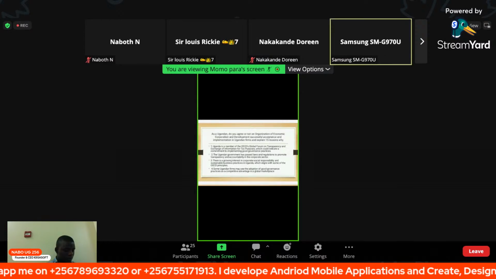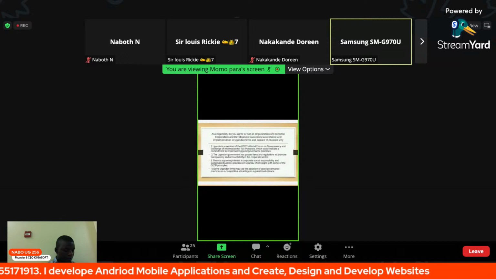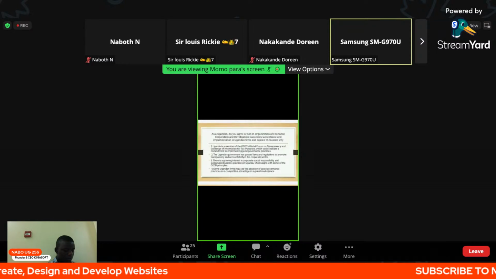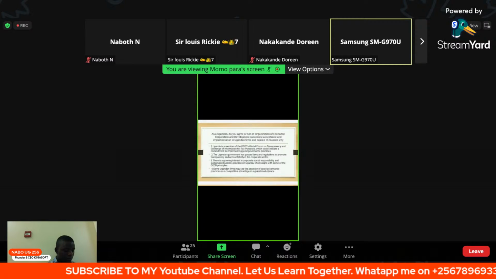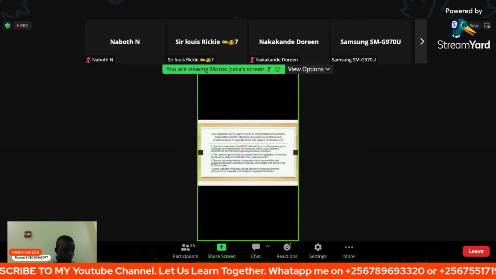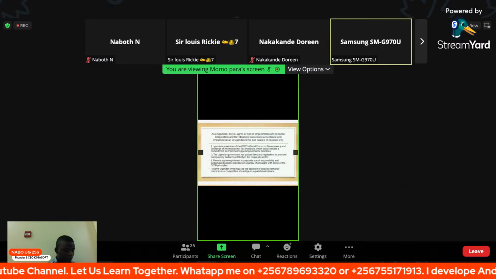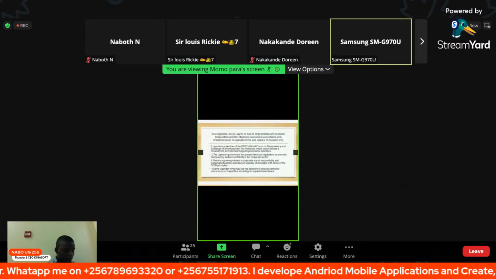The first one is Uganda is a member of the OECD Global Forum on Transparency and Exchange of Information for tax purposes, which could indicate a commitment to implementing good governance practices. The other success is that the Ugandan government has passed laws and regulations to promote transparency and accountability in the corporate sector.